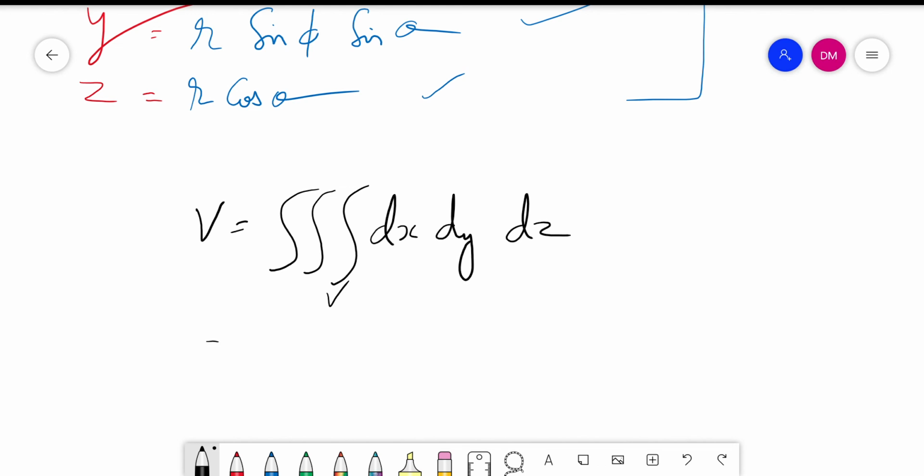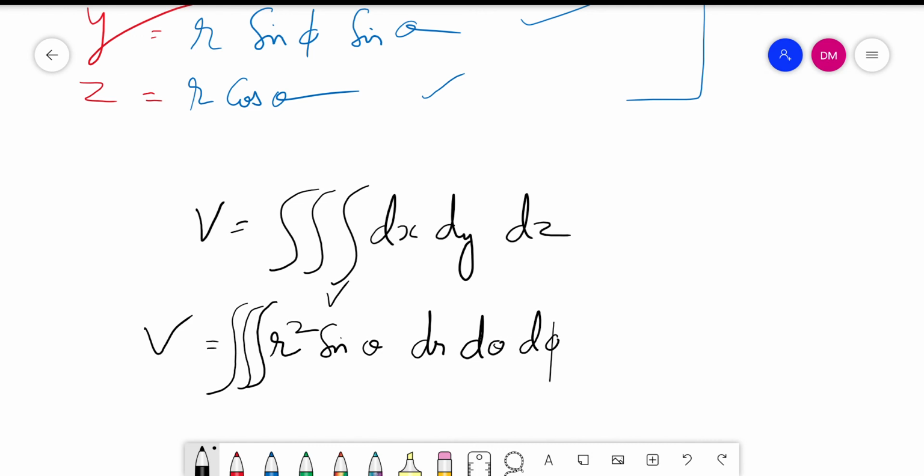This can be written as r square sin theta dr d theta d phi. Previously it was r dr d theta dz, but that was in cylindrical polar coordinates. But here in spherical polar coordinates, we need to write r square sin theta dr d theta d phi.